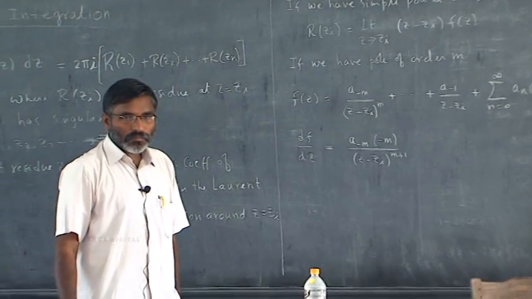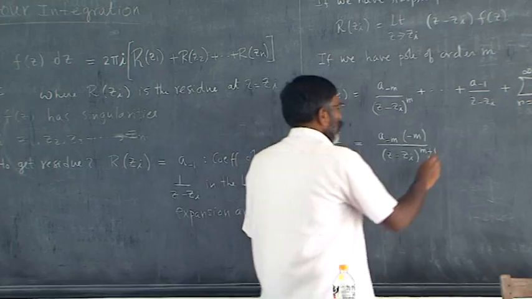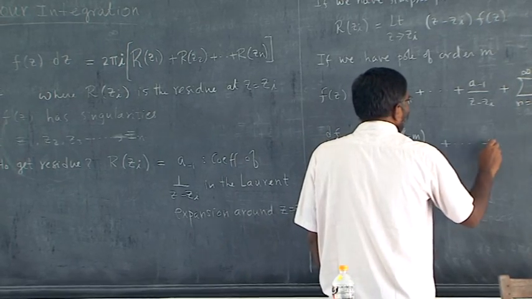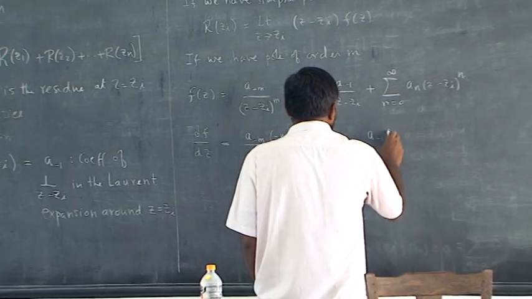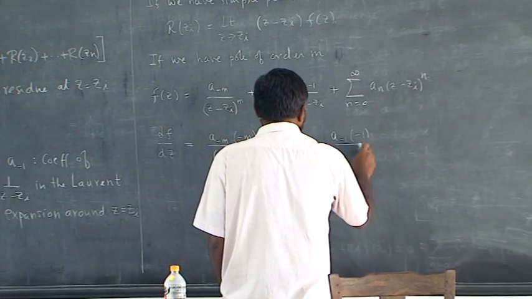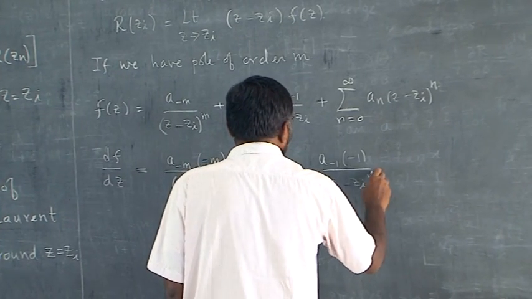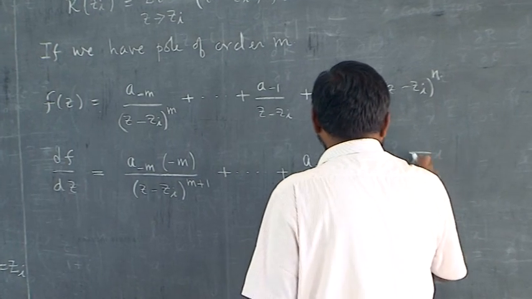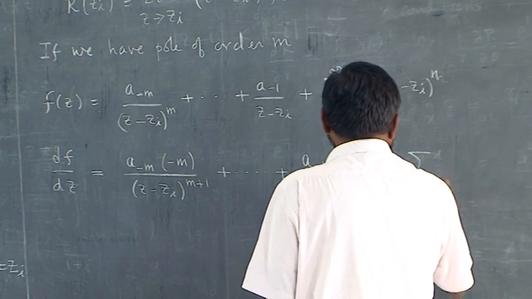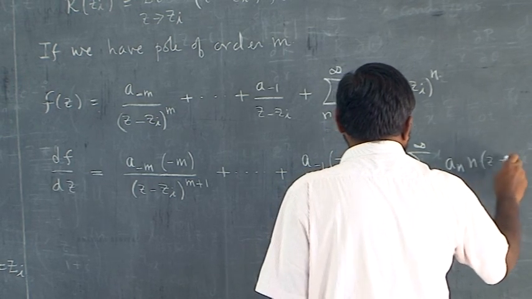Correct? Plus a minus 1 into minus 1 divided by z minus zi to the power 2, plus sum over n is equal to 0 to infinity of a n into z minus zi.